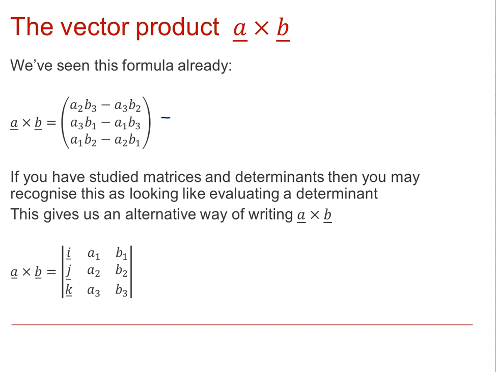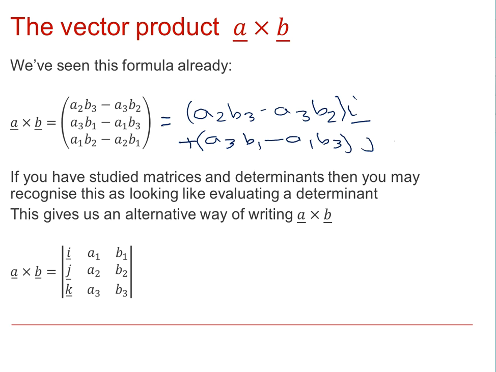It can also be written as (A2B3 minus A3B2)i, let's just put some brackets around that to make it clearer, plus (A3B1 minus A1B3)j, plus (A1B2 minus A2B1)k.